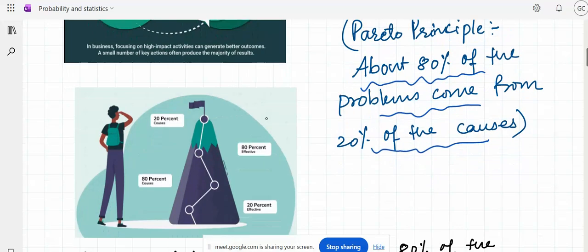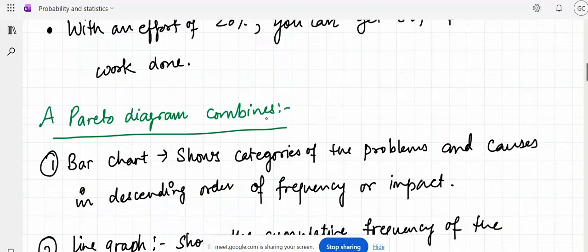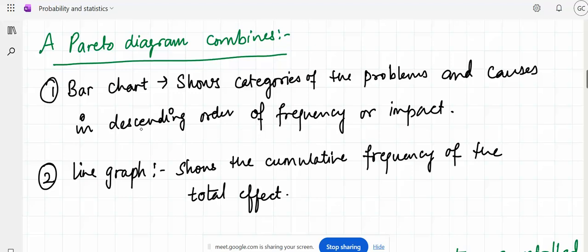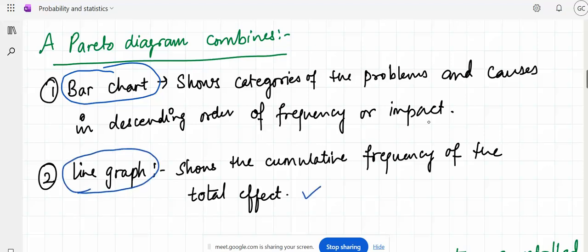So what is a Pareto diagram? In a Pareto diagram, we make a bar chart that shows the categories of the problems and the causes in descending order, right? Okay, I will show you with an example. And then we will have a line graph which shows the cumulative frequency of the total effect. So I will explain with an example.